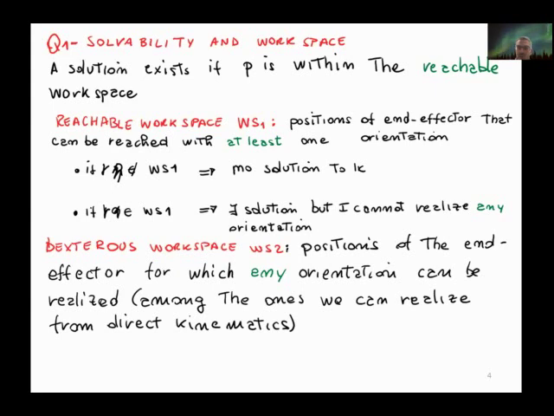For example, if you are considering a planar robot, the only feasible orientation is the one about the vertical axis. It's not possible to achieve other orientations. So these are the feasible orientations. They will depend on the nature of the robot. The same for a scara robot. Not all the orientations are possible.